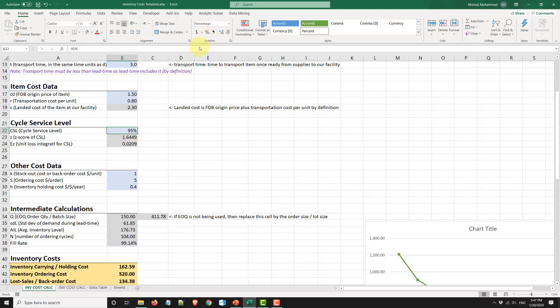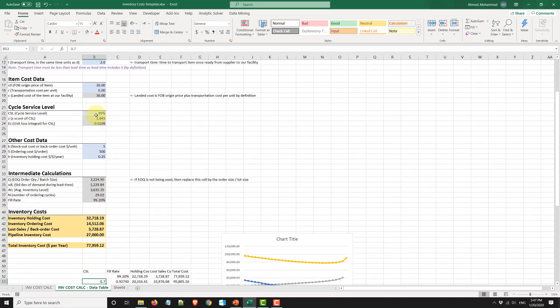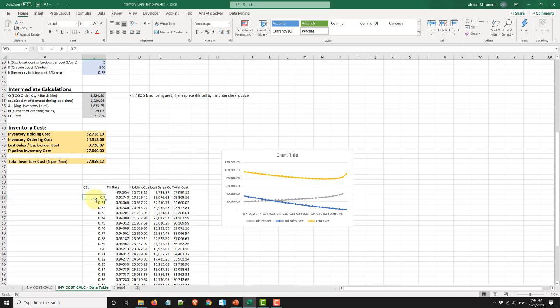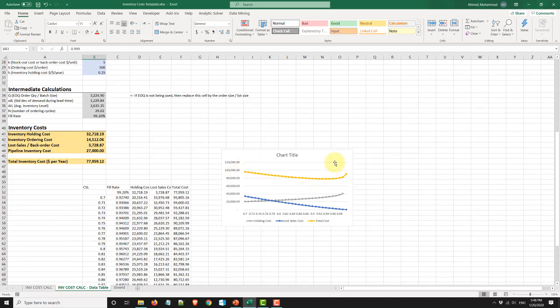So it looks like a percentage, but the values are 0.9, 0.91, 0.92, 0.93, 0.94, like that. Here, for example, I'm showing you how to change this percentage, going from 70%, or 0.7, to 99.9%, and how your costs are changing, using a data table.